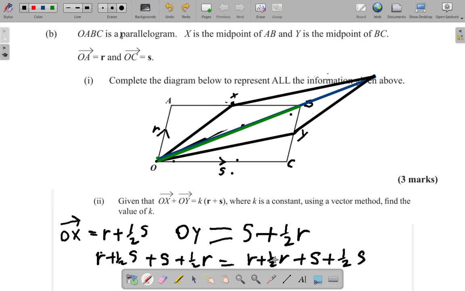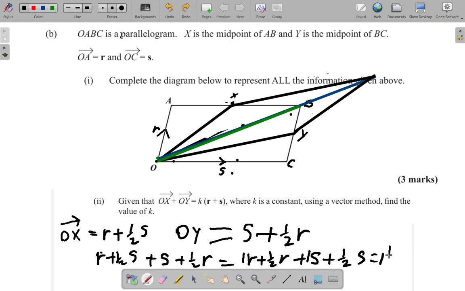Now R plus half R. Remember, R is really 1R and S is really 1S. So 1R plus half R gives you 1.5 R. 1.5 is the same as 3 over 2. So this becomes 3 over 2 R, or you can keep it as 1.5. Let's keep it as 1.5.